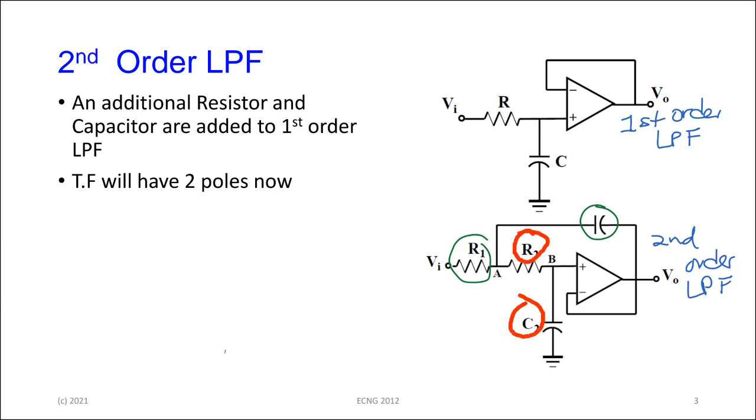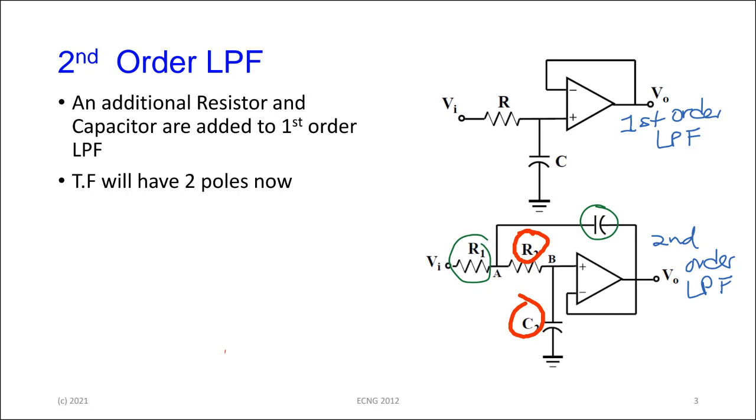Those were the original components. What we've added are two extra components here. A capacitor, that feedback capacitor now going from the output back to the beginning of R2, and then a new input resistor, R1.